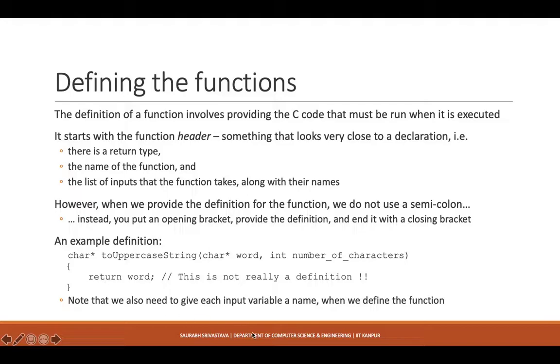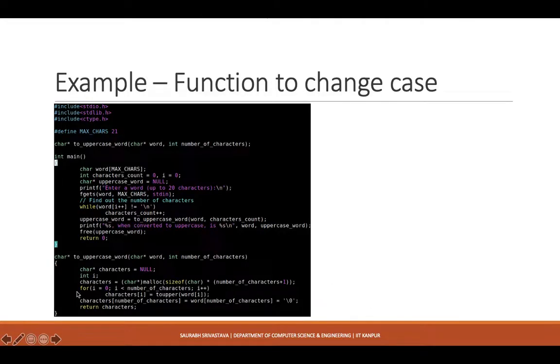So that's the other part that I'm telling, that word and number of characters are two variables that are a part of this particular function, and we must provide their names, and then we can simply use them like a local variable in this function. So this is an example function. Remember, this is the same program that we saw last week.